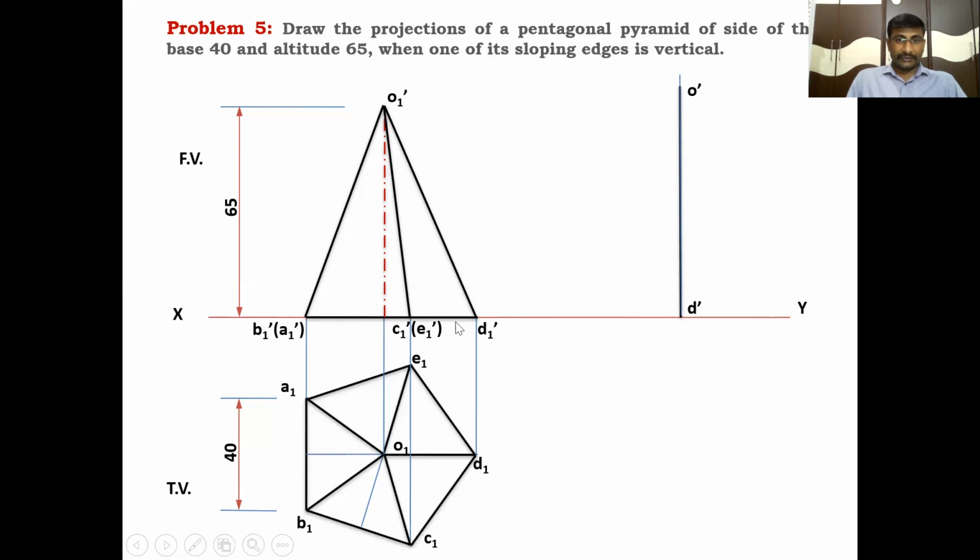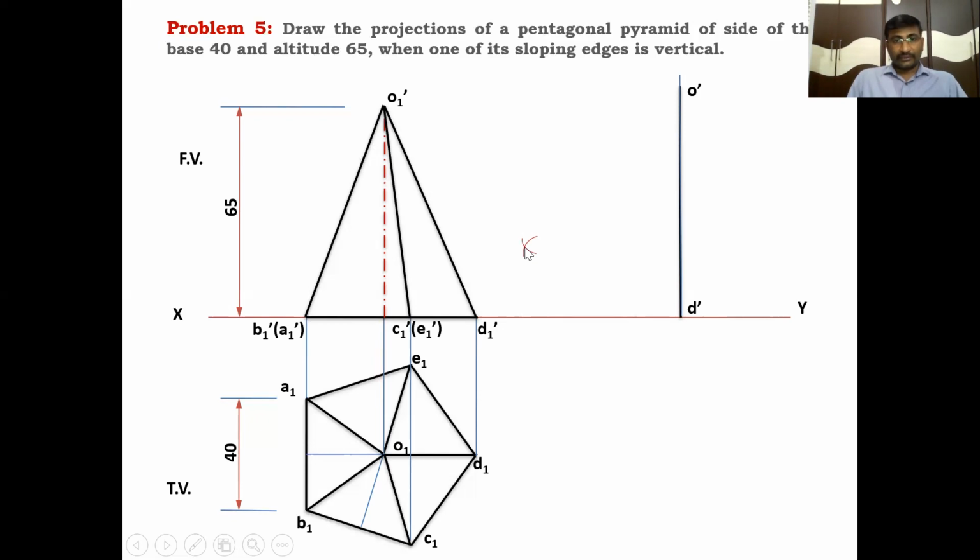Take the base length as a radius and the slant edge as a radius. Take these two points as centers and draw two arcs. With O dash as center and the slant edge O1 dash B1 dash as radius, draw one arc. With D dash as center and the base length as radius, draw another arc. Clear?